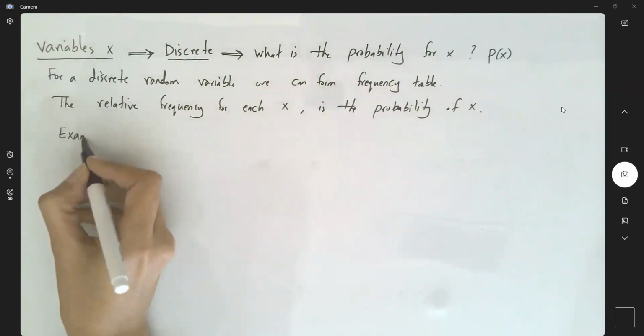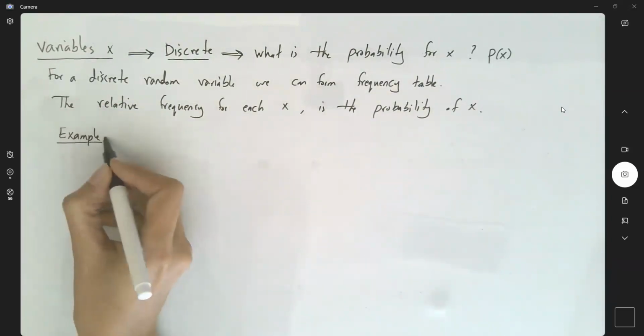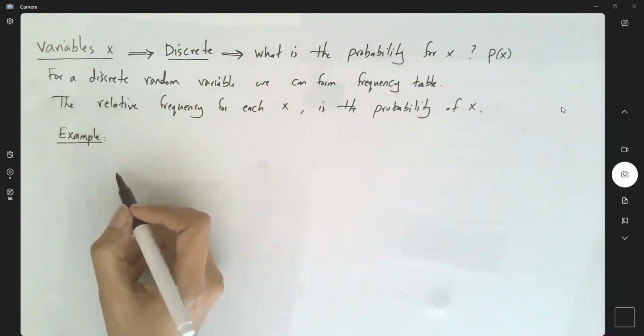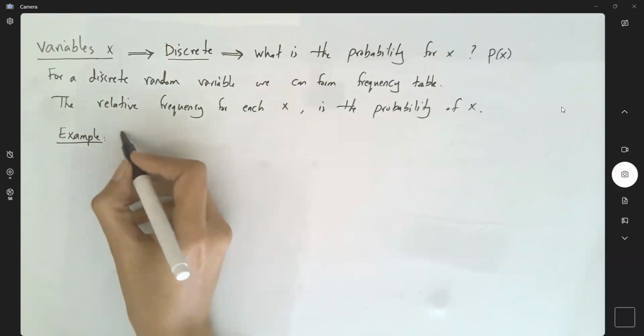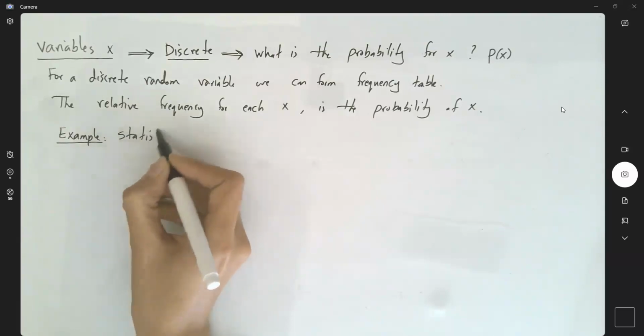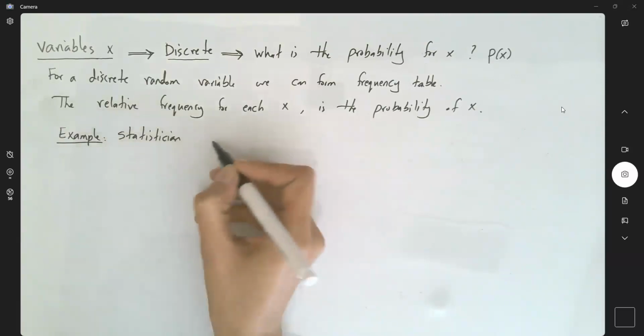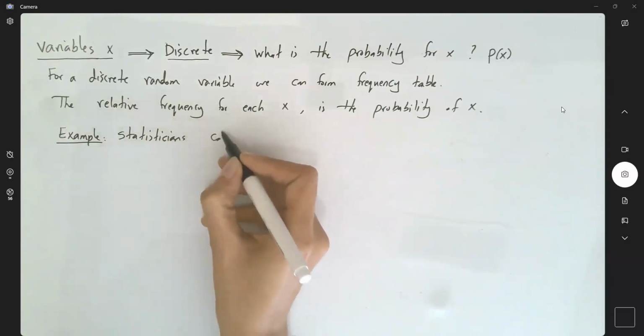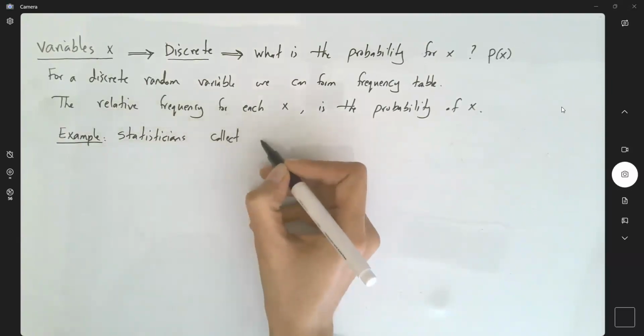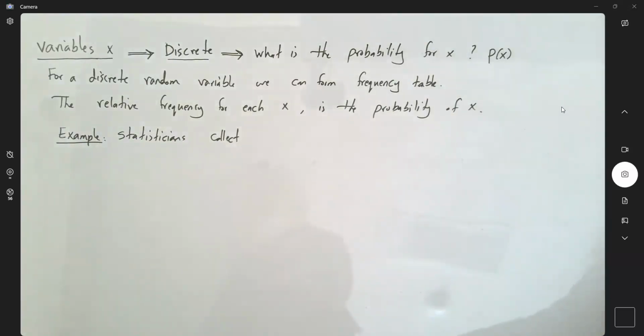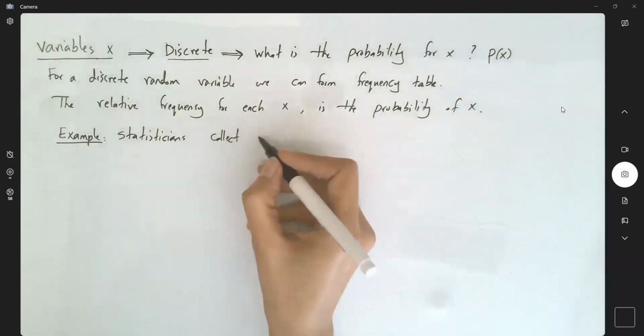In this example, the statisticians collect some information from 150 employees, a personality inventory test.